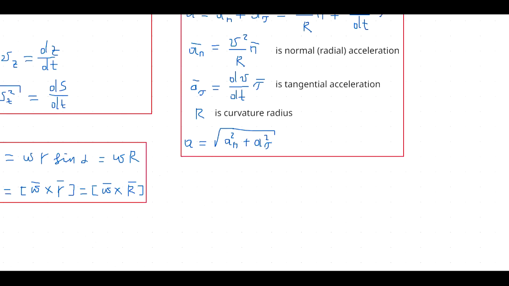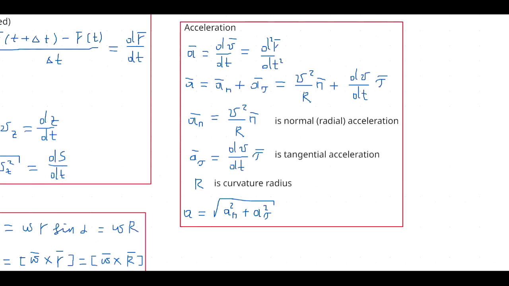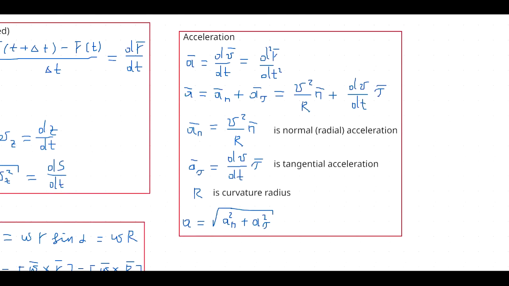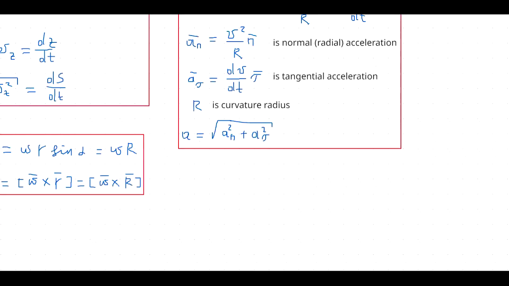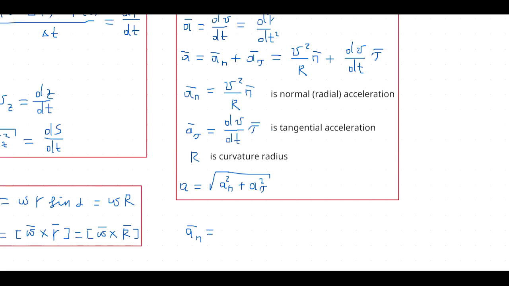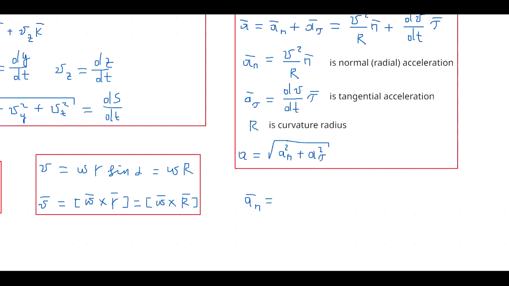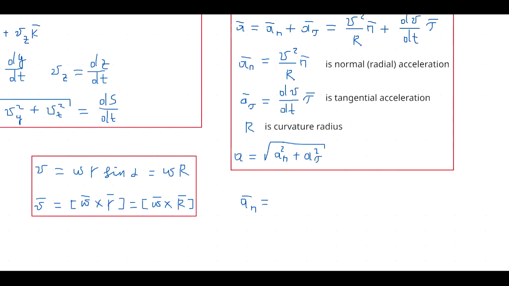Normal acceleration a_n is equal to v to the power of 2 divided by r. So according to this, this is equal to omega to the power of 2 times r.